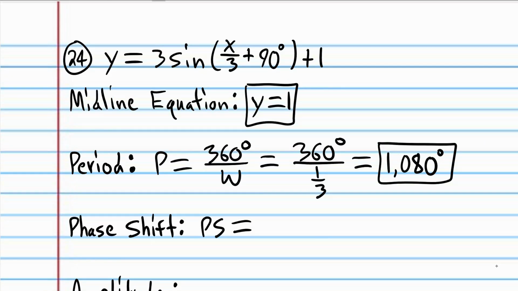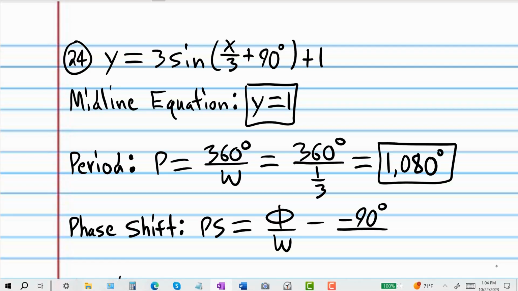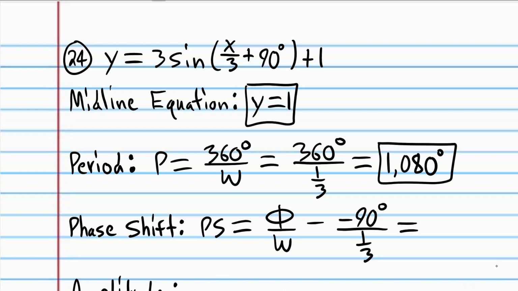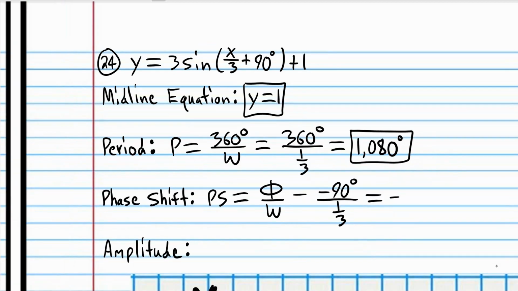And the phase shift is phi divided by omega. Phi is negative 90 degrees. Remember, it's always the opposite sign. Divided by 1/3, that's omega, is 1/3. If we simplify the complex fraction, we get negative 270 degrees.